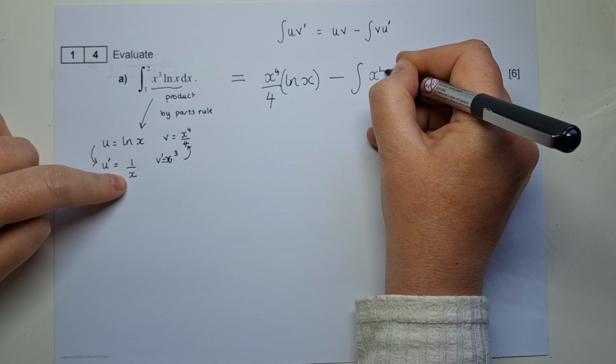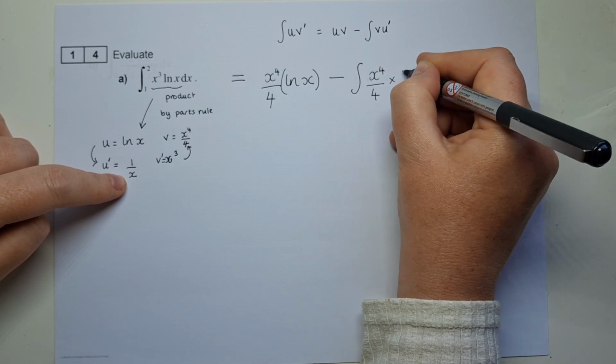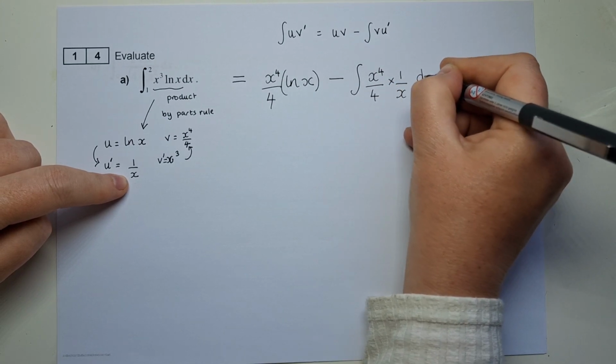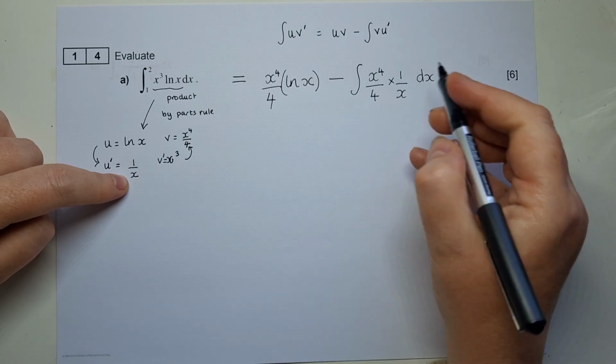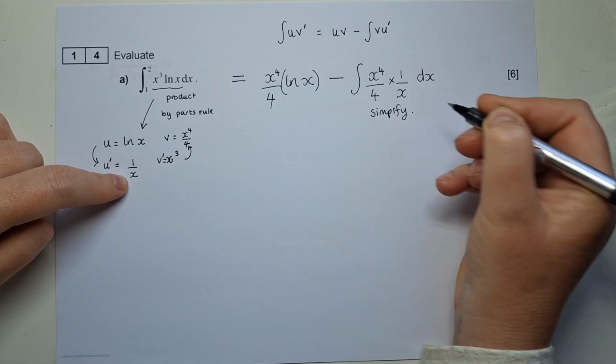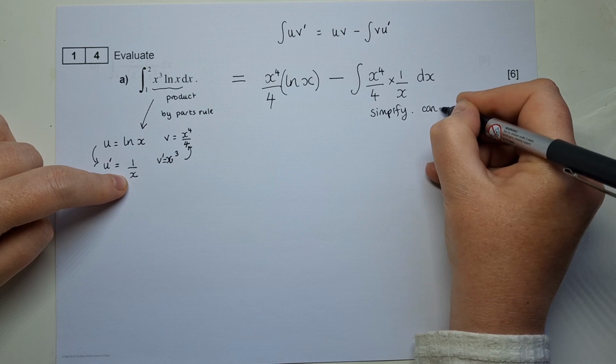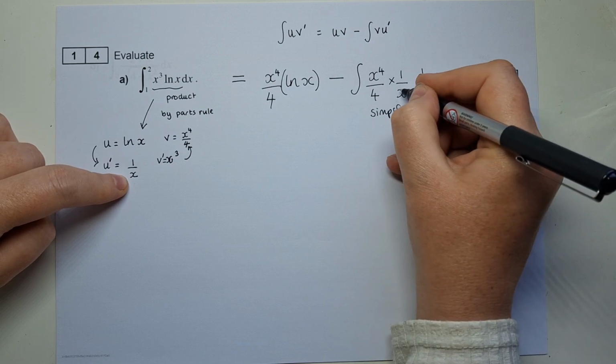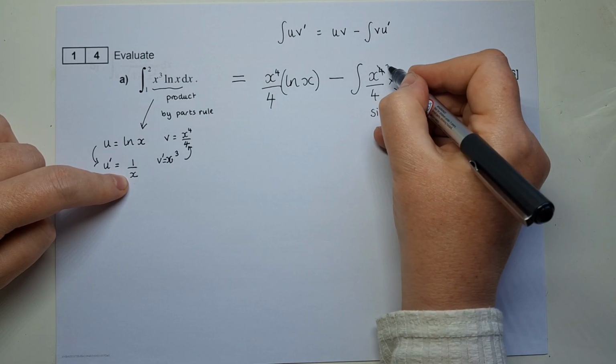So we've got x to the 4 over 4 multiplied by 1 over x. Now this is a product, but you can simplify it. You can cancel your x from the bottom with one of these from the top.